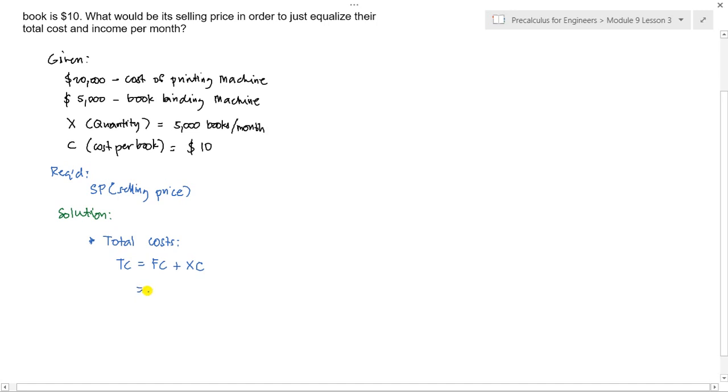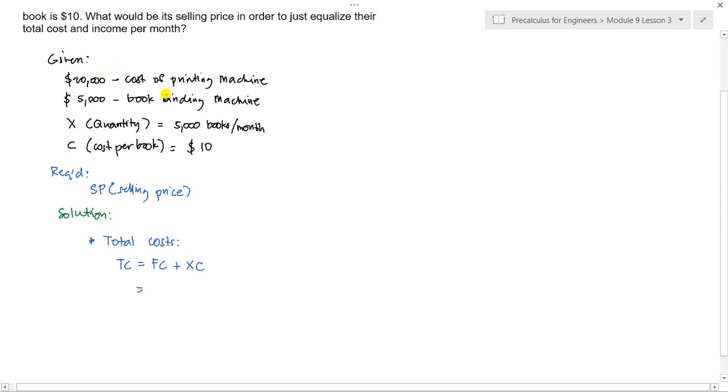Here, what could be the fixed cost in our given? As I told you, the fixed cost is your initial cost in establishing your company. So where is it here? Okay, correct, $25,000.